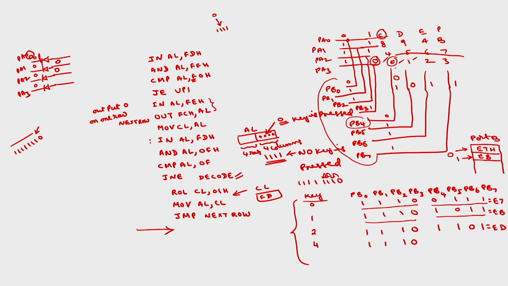For all these 4 keys, the code is 1110 only, and only this 0 will change. Here this 0 will be shifted, it was here initially, now here, now here, and finally the last one, shifted towards the right by 1 bit position. 1110, this 3 is connected to the P7 line. So this will be E. Similarly, you can obtain the codes for 4, 5, 6, 7 and so on.